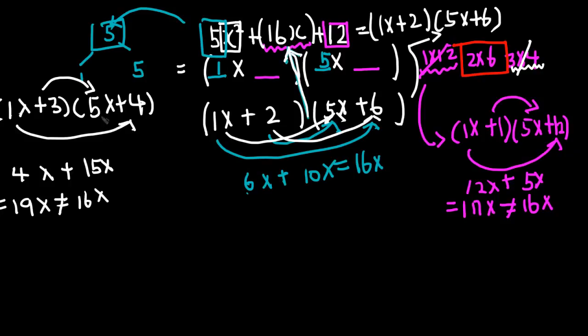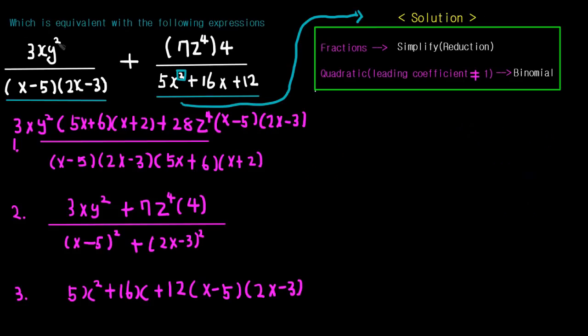So we knew that after we converted 5x squared plus 16x plus 12 into a binomial, we got the answer 1x plus 2 times 5x plus 6. So we can go back to our page, and then we can bring our whole expression down again, which is going to give us 3xy squared.